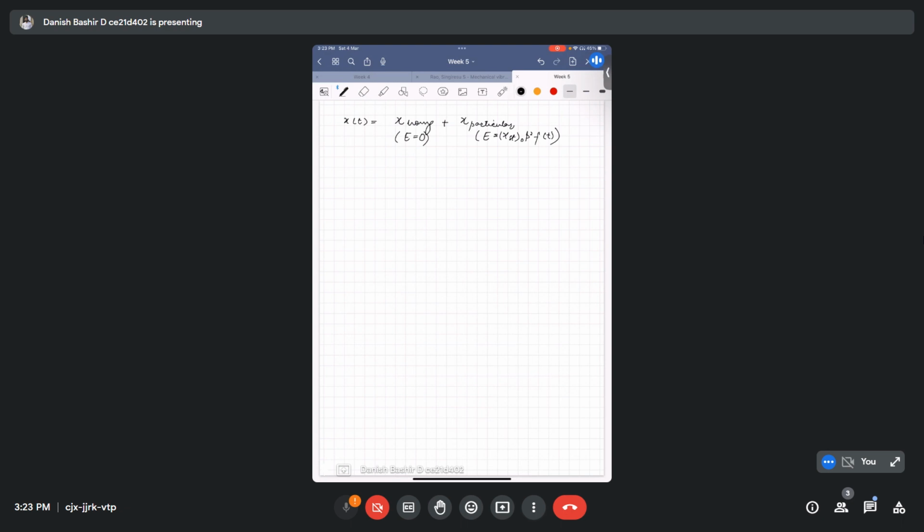So we have to find the homogeneous solution as well as the particular integral, that we do in the case of differential equations. Okay, so we will now be doing the step pulse first: response to step pulse.